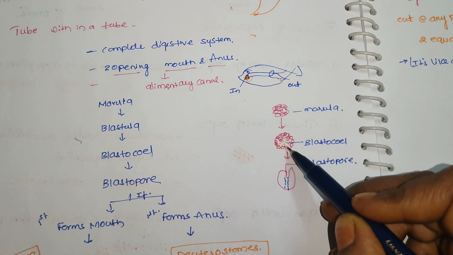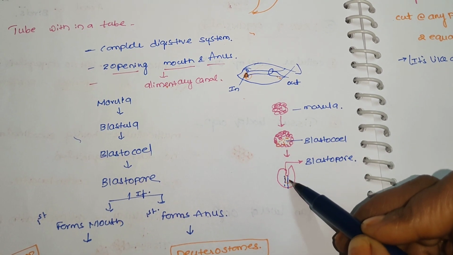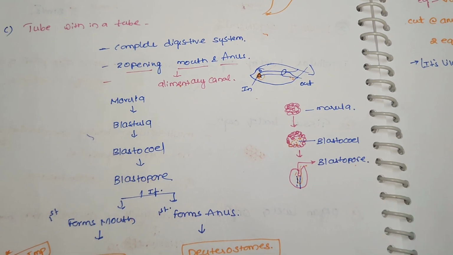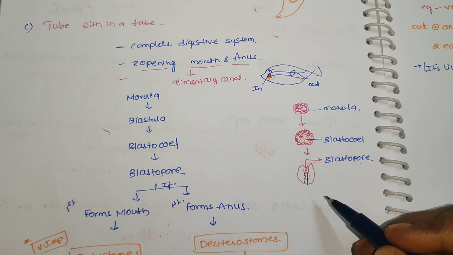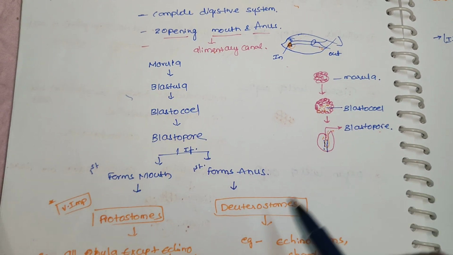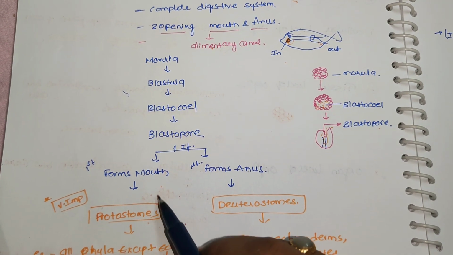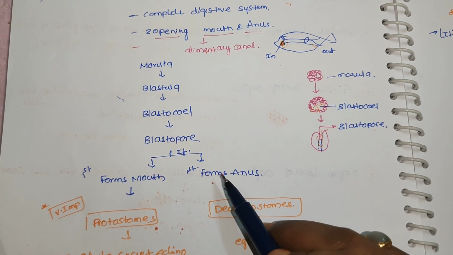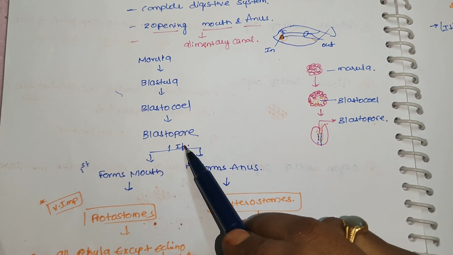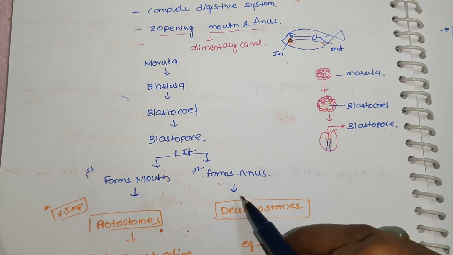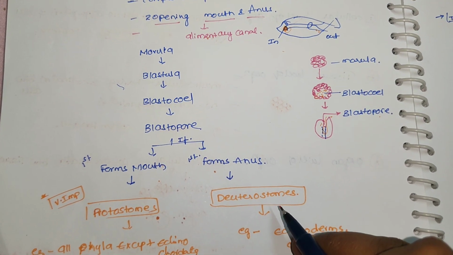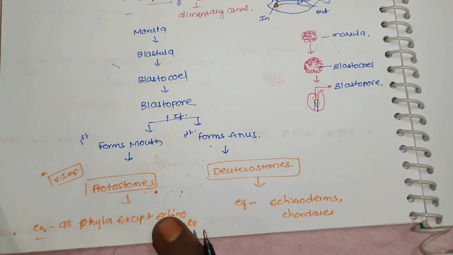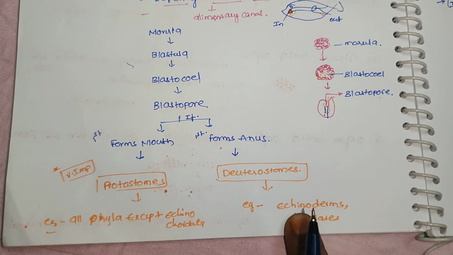Then this blastocoel invaginates to form a pore, called the blastopore. In embryonic development, if the blastopore is formed as a mouth, these organisms are protostomes. If the blastopore is converted into the anus, that is deuterostomes. Very important for the IPE, and even the examples are important for MCQ.